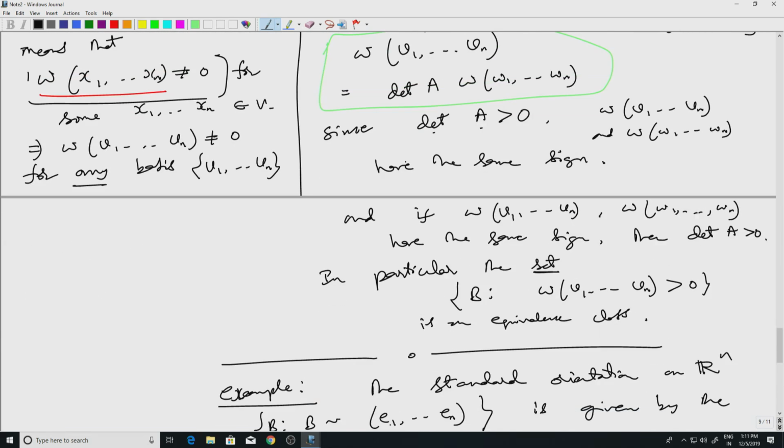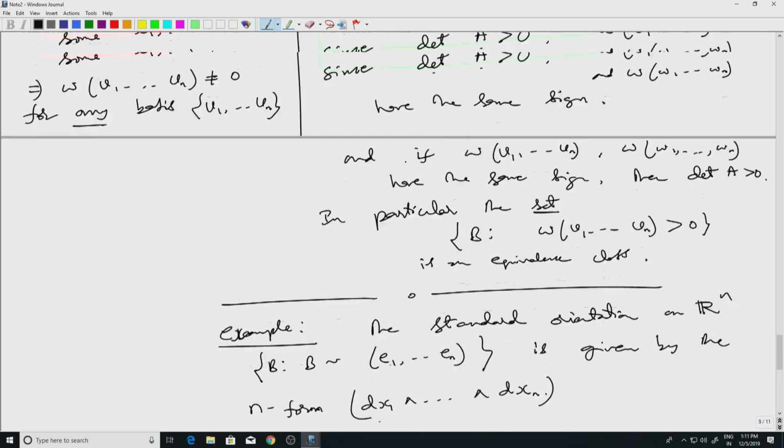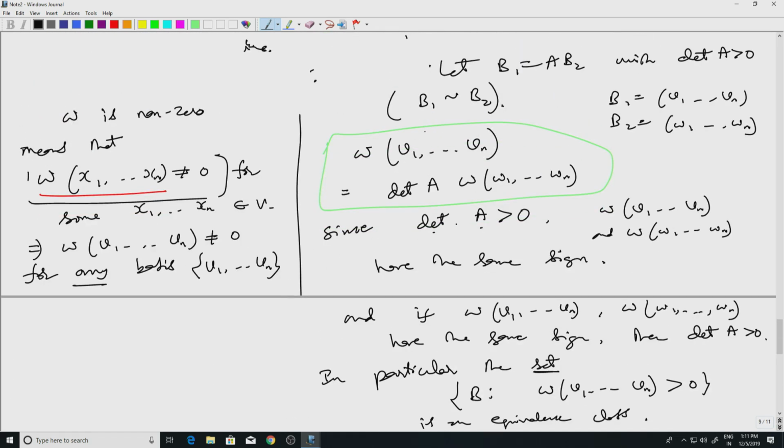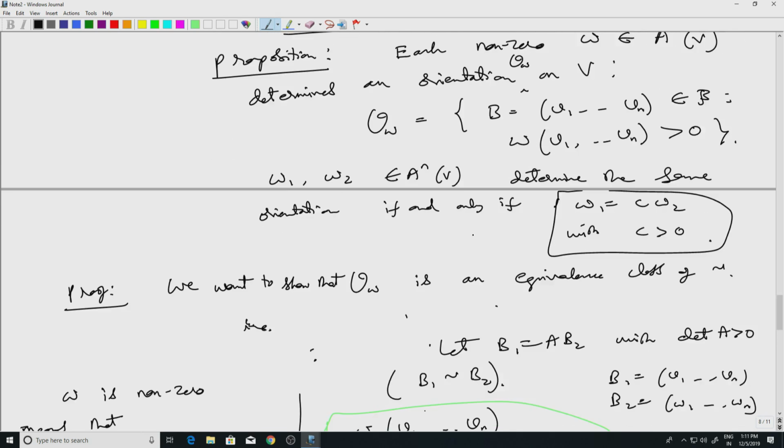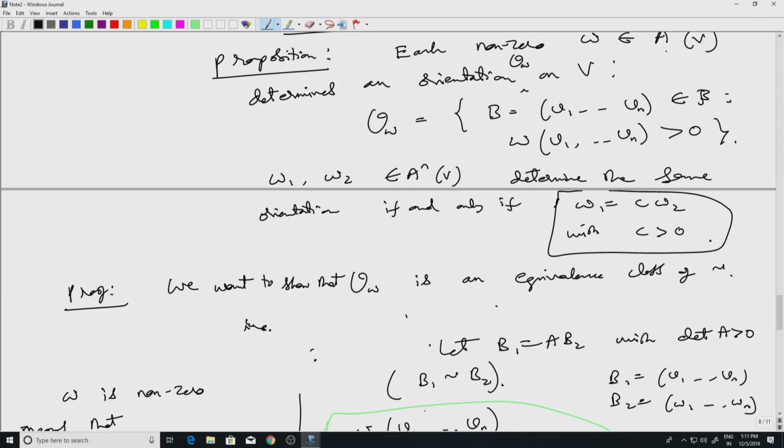One is what we just discussed, which tells us that to have an orientation is the same thing as picking out a non-zero n-form. Actually, it's not quite that, because of this constant C business.